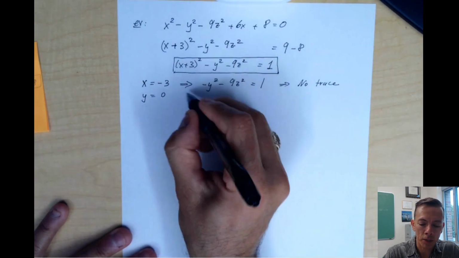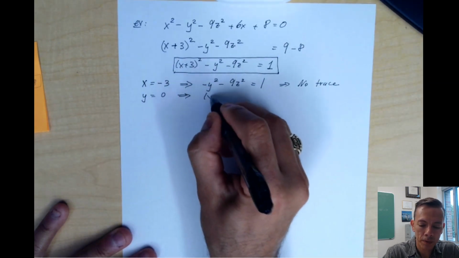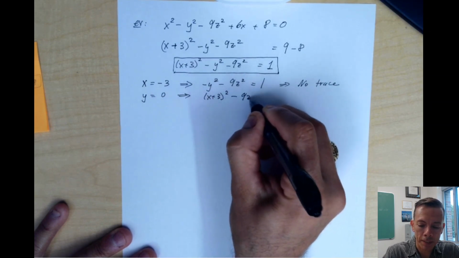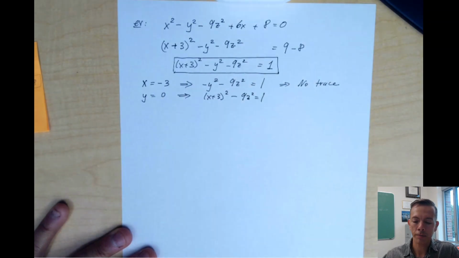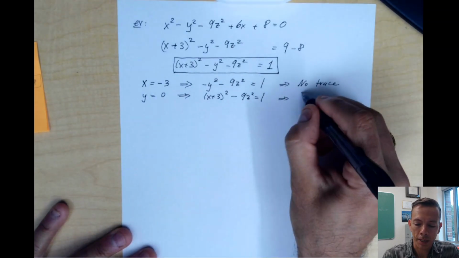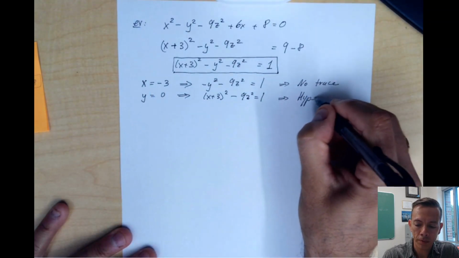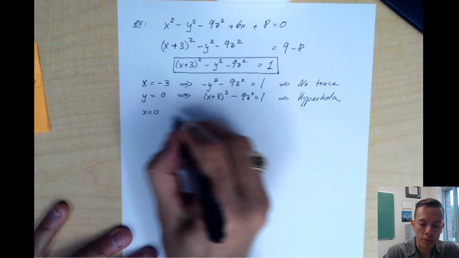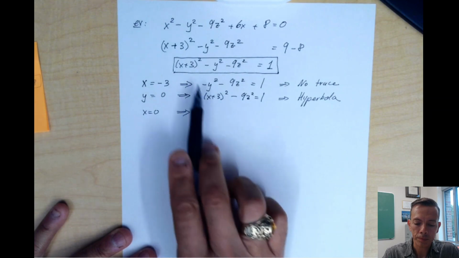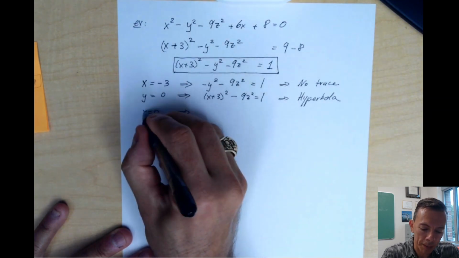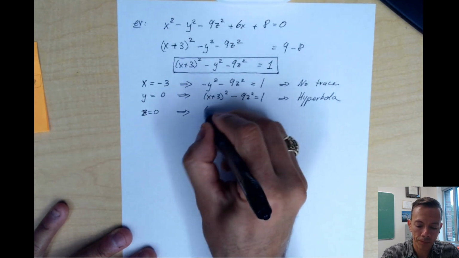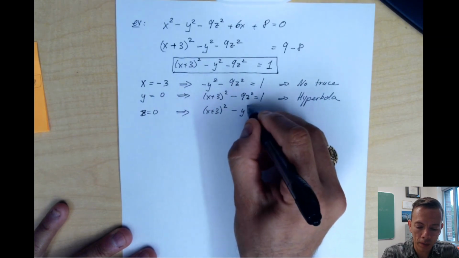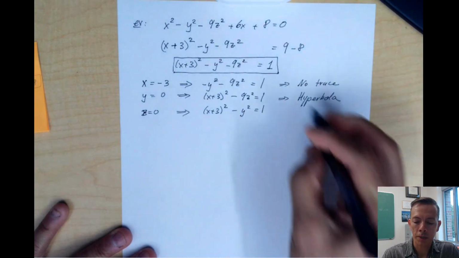So setting y equals 0, x plus 3 squared minus 9z squared equals 1. This is a hyperbola. And setting z equal to 0, you get another hyperbola.